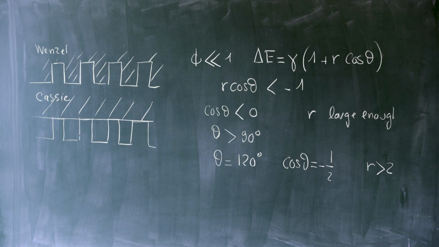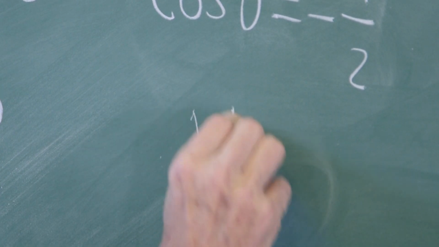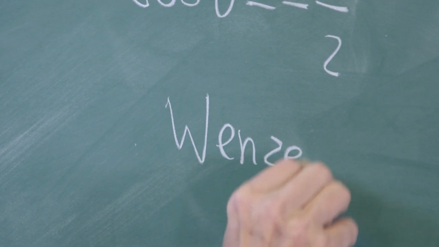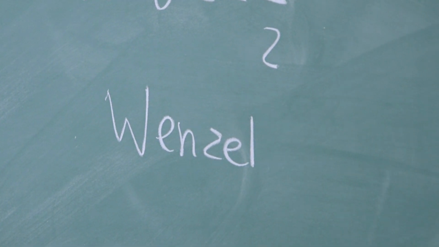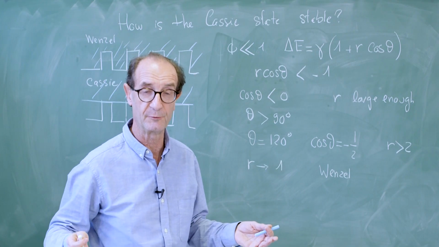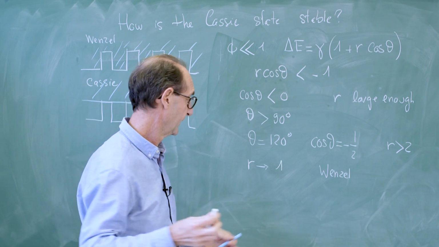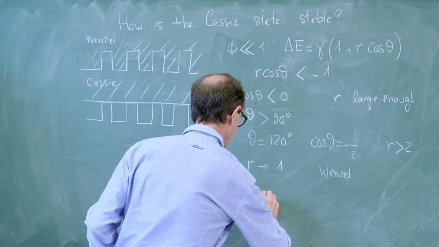Now we would like just to examine two limiting cases. The first one is when the roughness of the substrate goes to 0. In other words, when the substrate is flat. For a flat substrate, of course, the Cassie state does not exist, and we have always a Wenzel state. Now, the other limit, of course, is when the roughness of the substrate is extremely large, that is, when R goes to infinity.